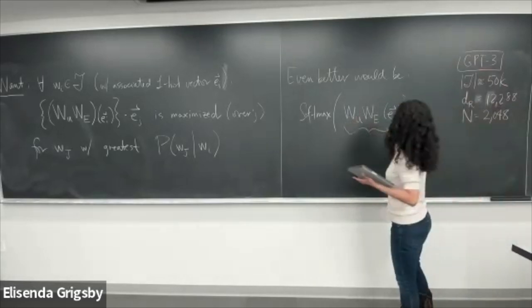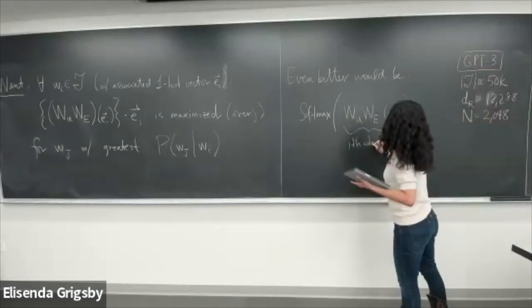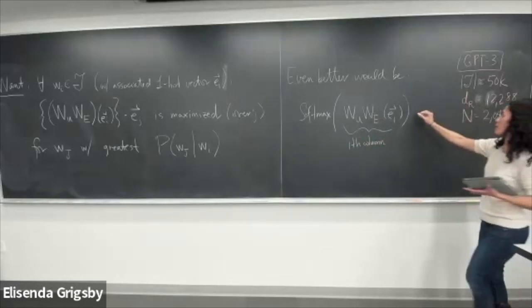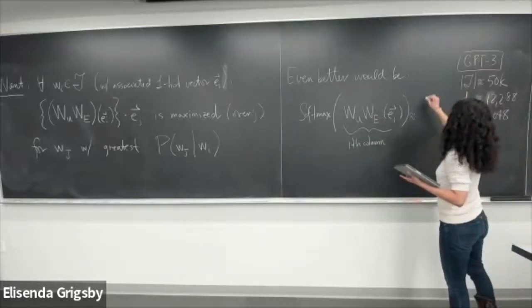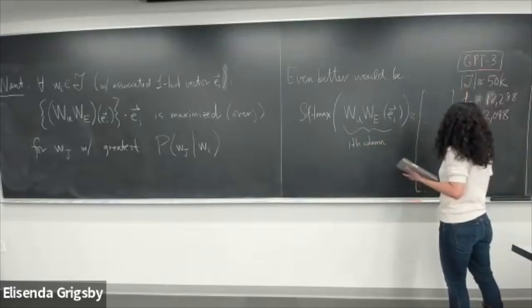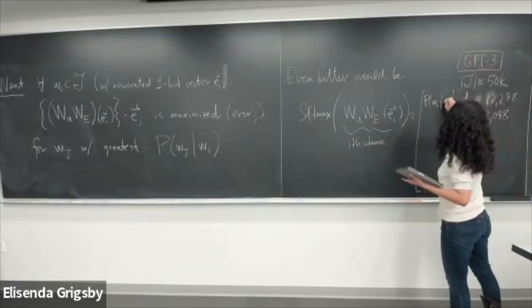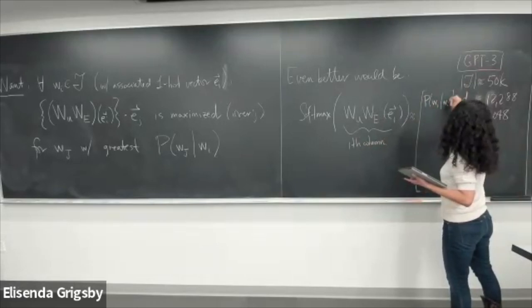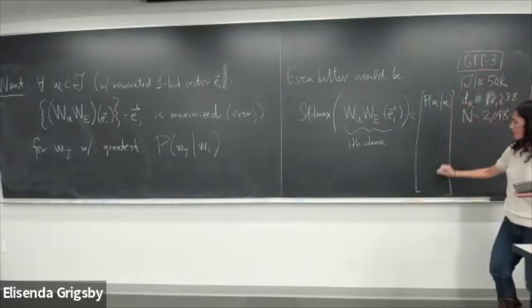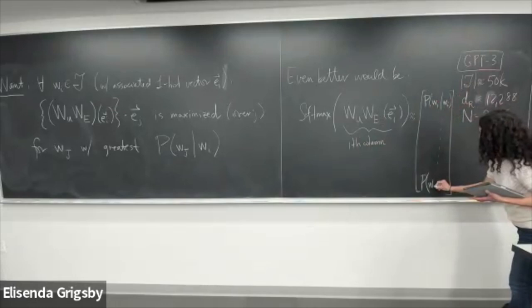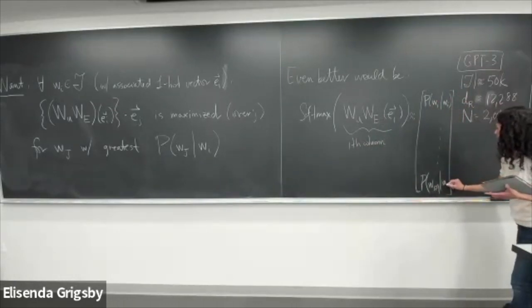So this is the ith column. This should be some probability vector, and you really want this to be close to the probability of, say, W1 given Wi. It really should look very close to this probability distribution, which is T given Wi.